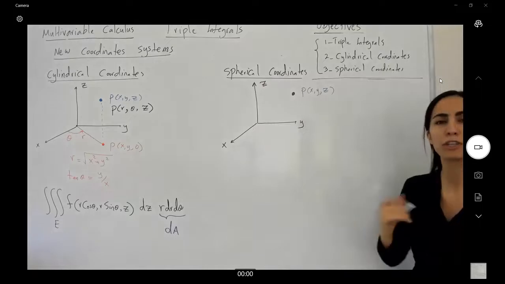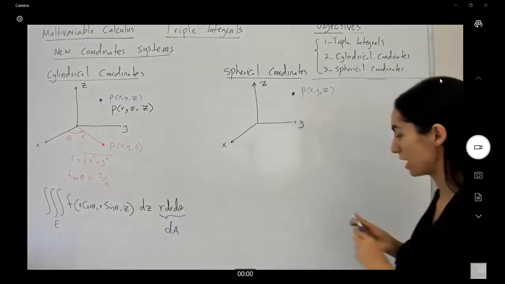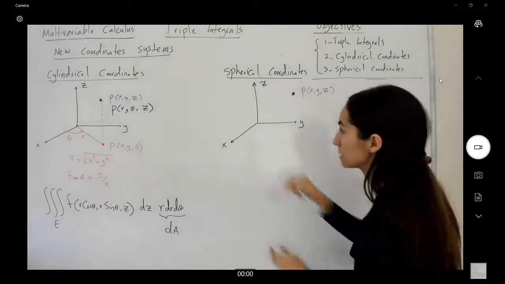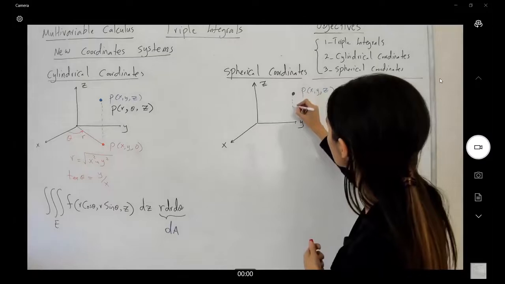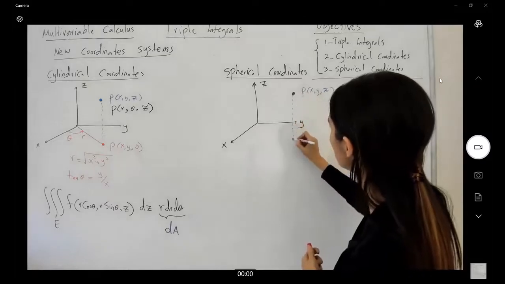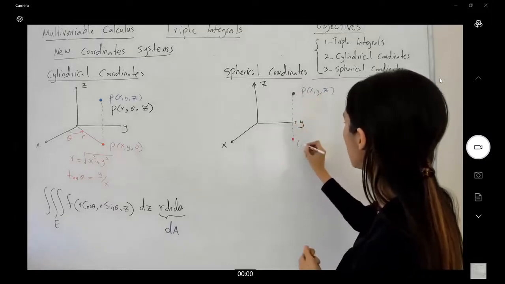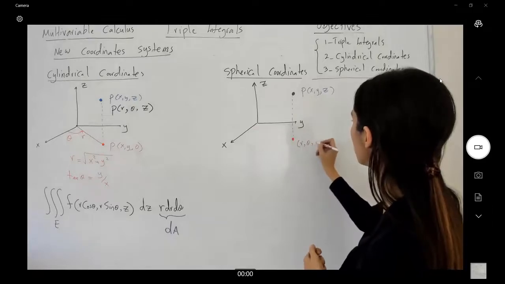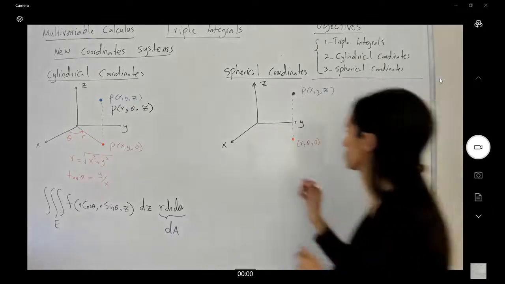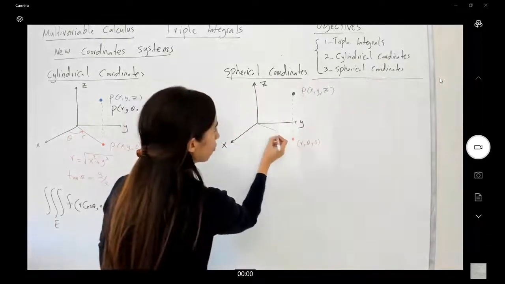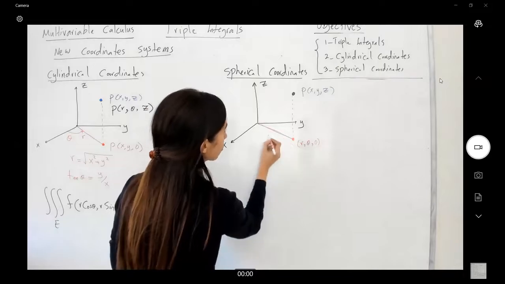What are we going to do? We're going to project this point onto the XY plane, the same as before. So this is the projection of P in the XY plane. Here you have r, theta, and 0 using polar coordinates.